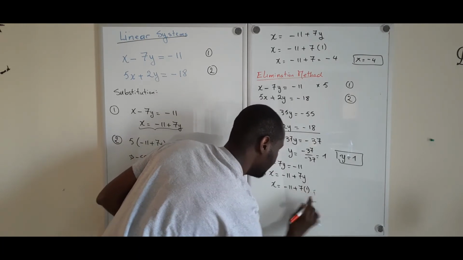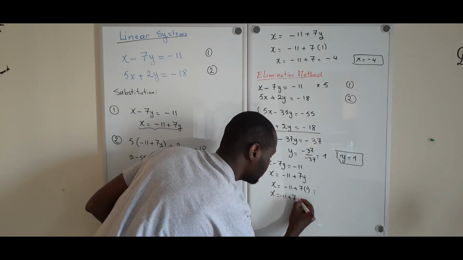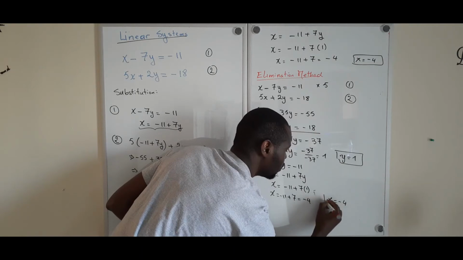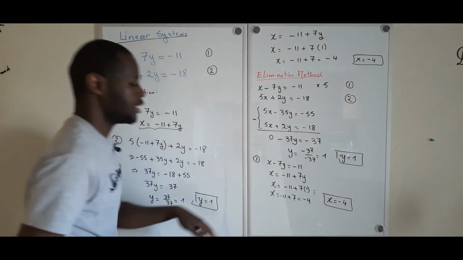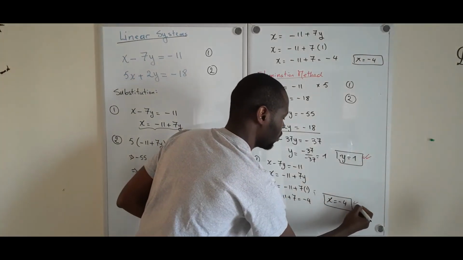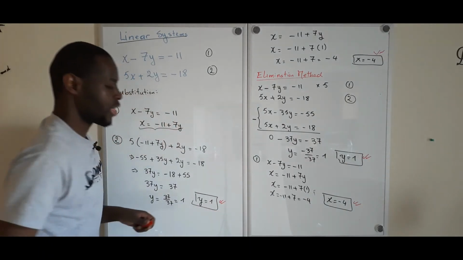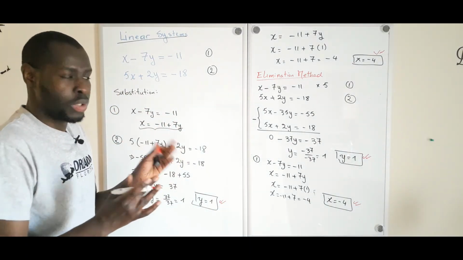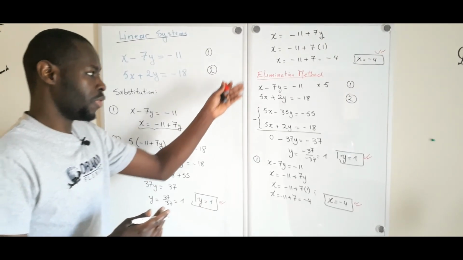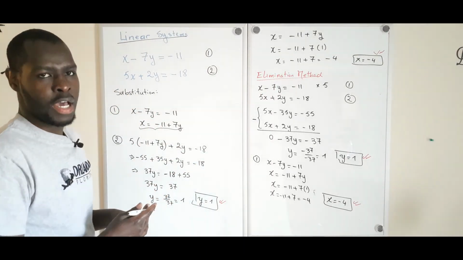So now we have x equals negative 11 plus 7, which is negative 4. So x equals negative 4. And we can see that our answers are indeed consistent with what we found for both methods. And again, it depends on what the question is asking. You may be asked to solve the system of equations using the elimination method or the substitution method.